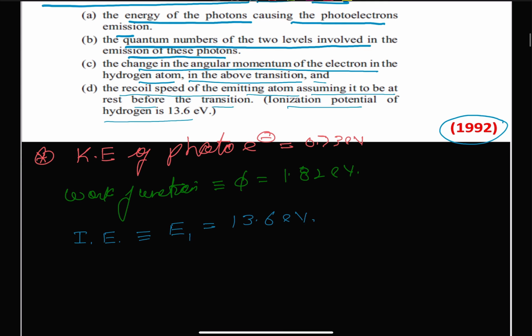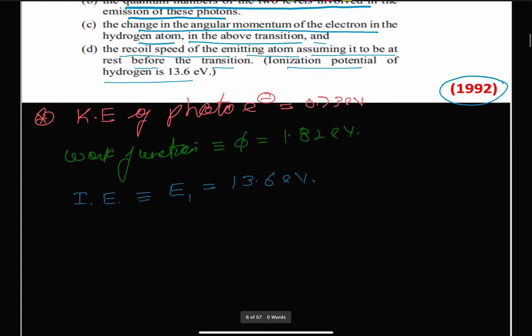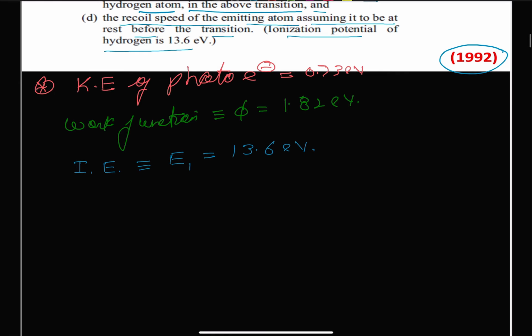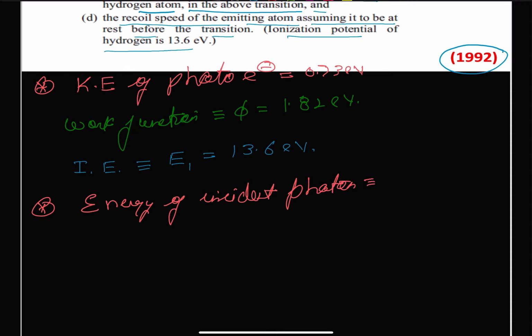So in the first part we are supposed to find out the energy of the photon causing the photoelectron emission. So we can say that the energy of incident photons, let us call this E incident, will be equal to kinetic energy plus work function.